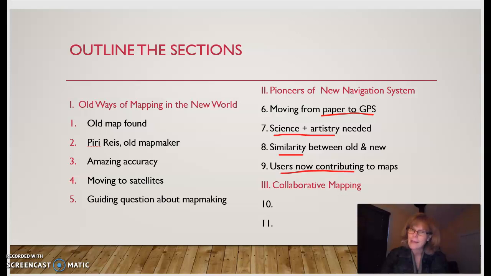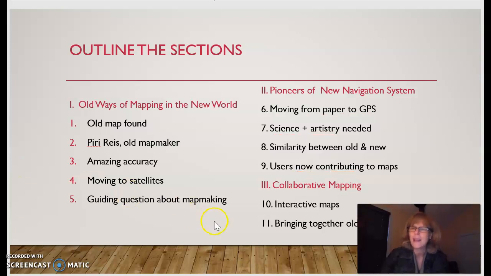I'm looking at the last section and I see they continue with this theme about collaborative mapping, interactive maps. And really paragraph 11, as we talked about, is the conclusion. And it's talking about how you could bring together the old and the new when you're looking at map making.